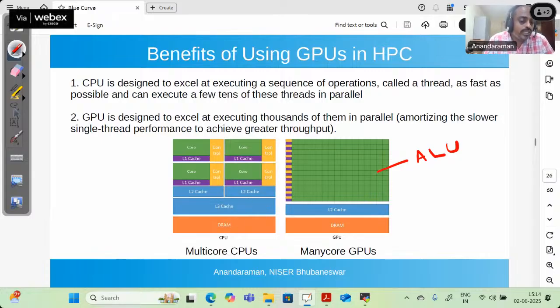So CPU is called multi-core and GPU is called many-core. The green things are ALU, the yellow things are control, and the blue is cache. Individual cache is there, shared cache is there, and DRAM. Here DRAM is also fast. So more ALUs means this is completely designed for parallel work.